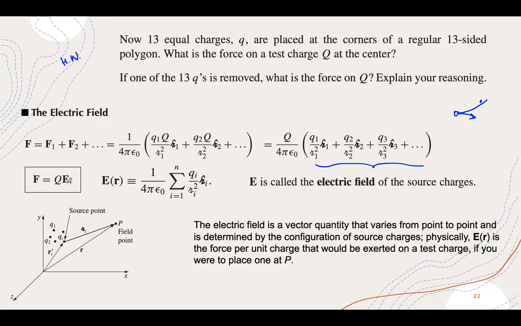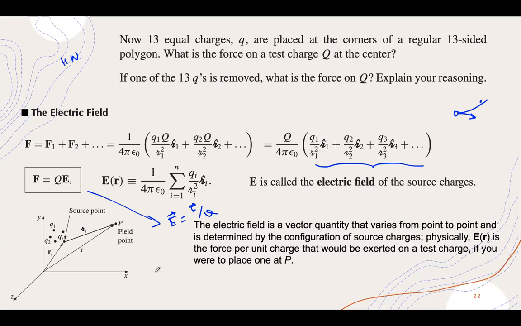If I write from this expression, the electric field, which is a vector, is nothing but force per unit charge, F divided by Q. So this completes the definition of the electric field.